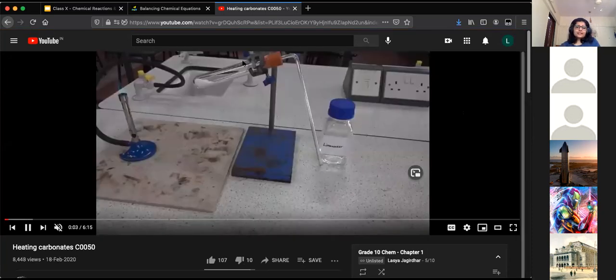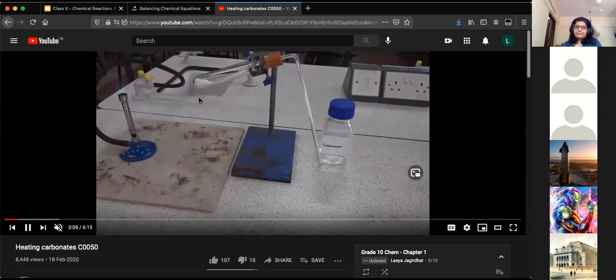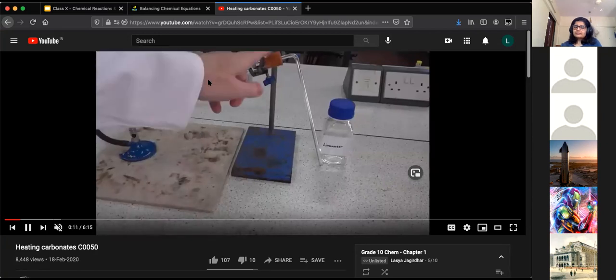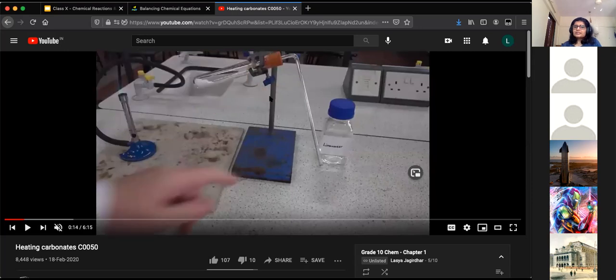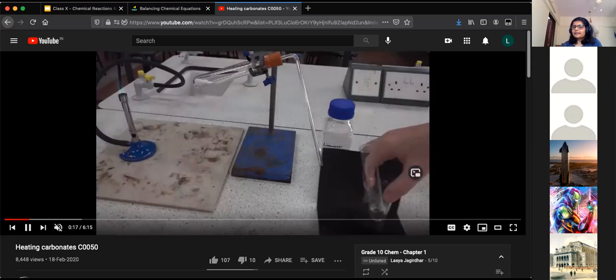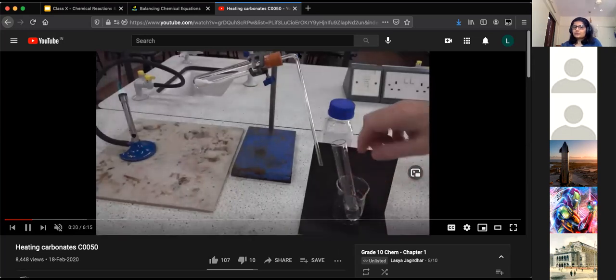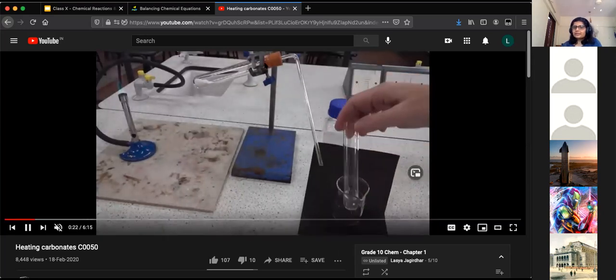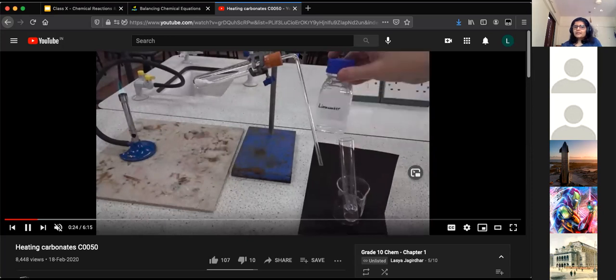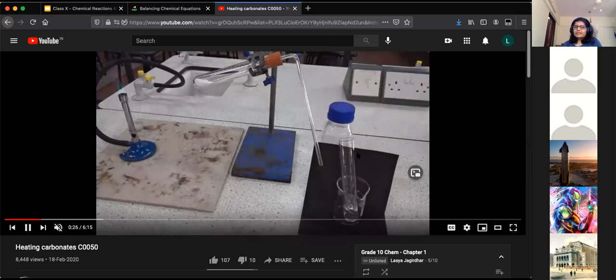So the setup is that you have this test tube. The white powder here is calcium carbonate, which is solid. You can see that this test tube is all sealed up with a stopper. The only outlet for whatever air the test tube has is this L-bent tube. He has taken a bit of lime water and put it in the test tube.